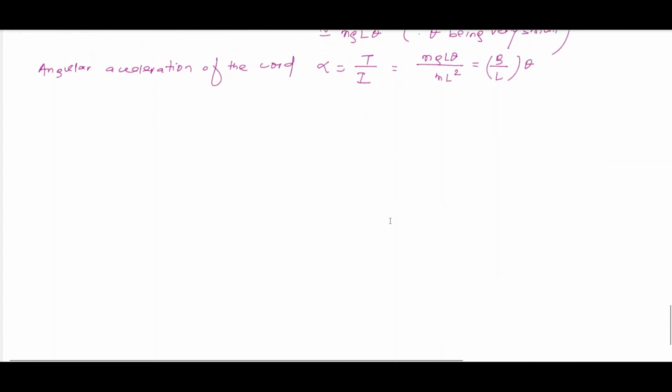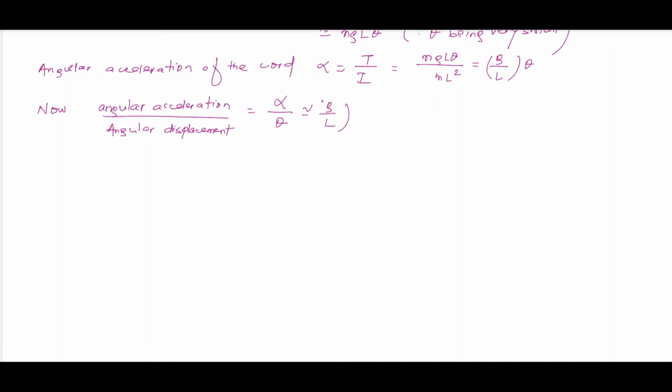Okay, now we have this angular acceleration divided by angular displacement. If you take this ratio, angular acceleration divided by angular displacement, so it is alpha by theta, which is basically equivalent to g by L. Okay, which is a constant.